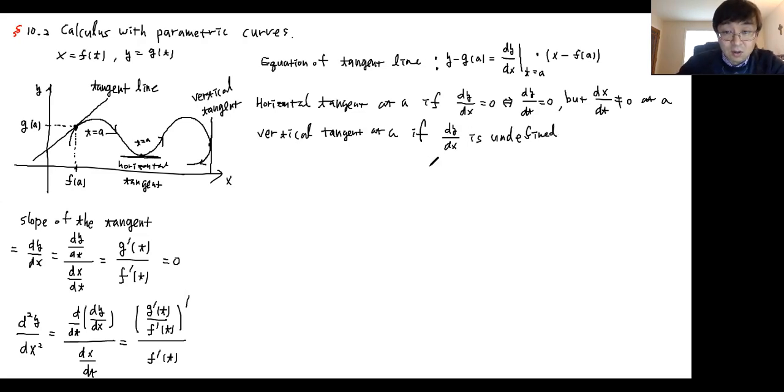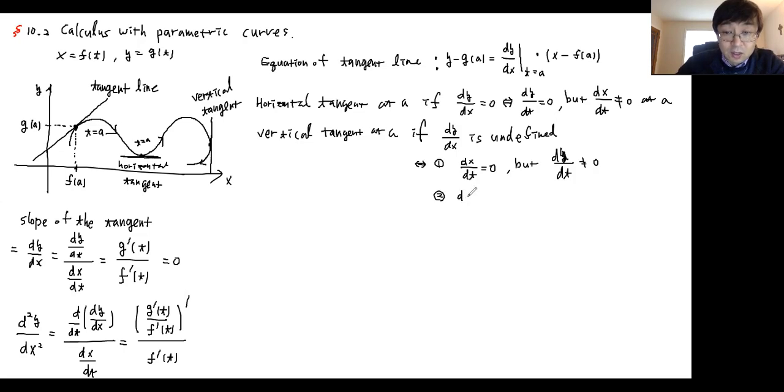The first case: the bottom one equals 0 but the top one is non-zero, so dx over dt equals 0 but dy over dt is non-zero. This is one possibility.